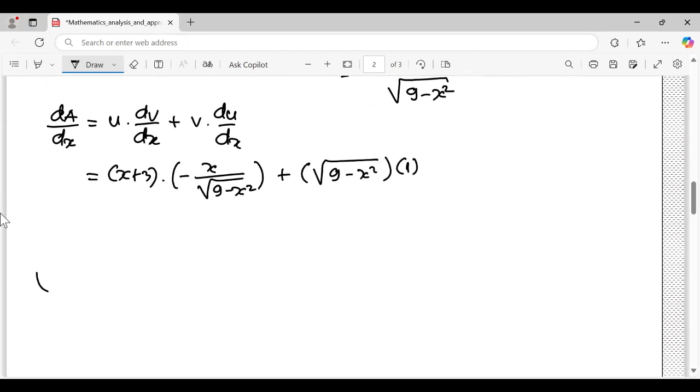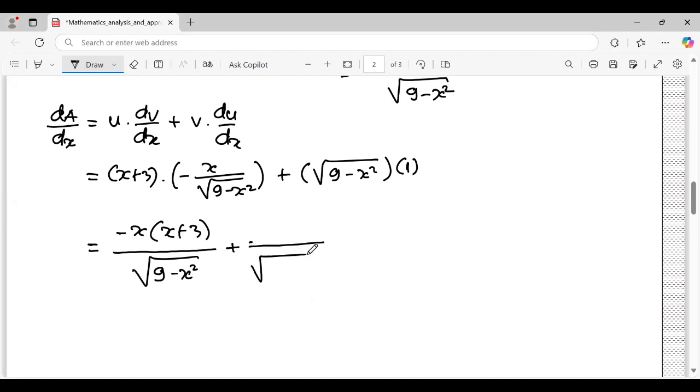So it's going to be, sorry. So it becomes, we calculate, becomes minus x times x plus 3 over square root 9 minus x squared, plus I would like to set the same denominator, 9 minus x squared.